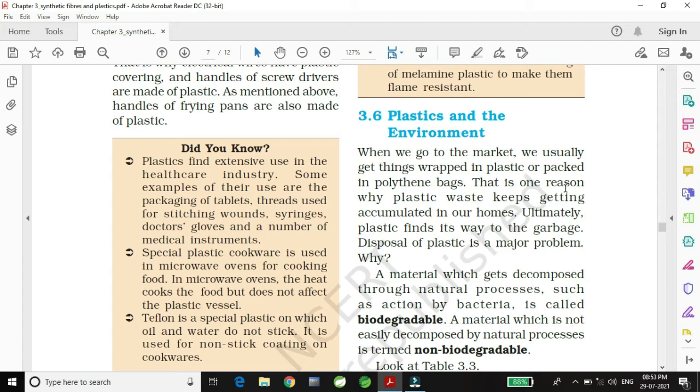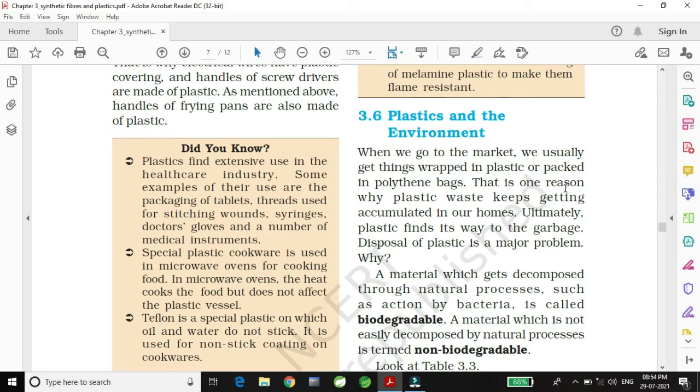Mostly the things we buy have a wrapping of plastic, or the shopkeeper gives them in a plastic bag. At last, the plastic bag comes to our home, finds its way to the garbage waste, and is thrown there.